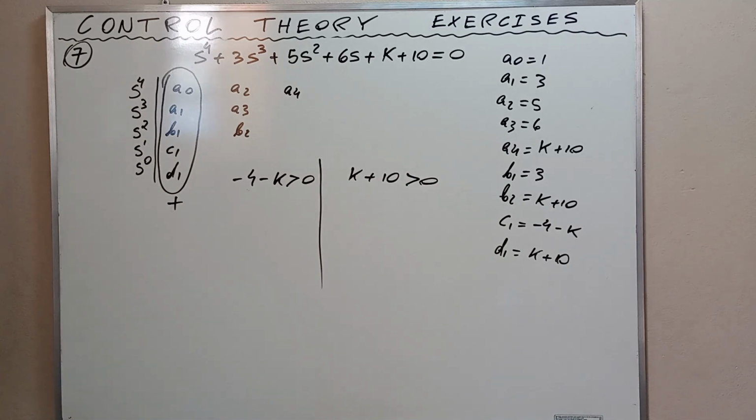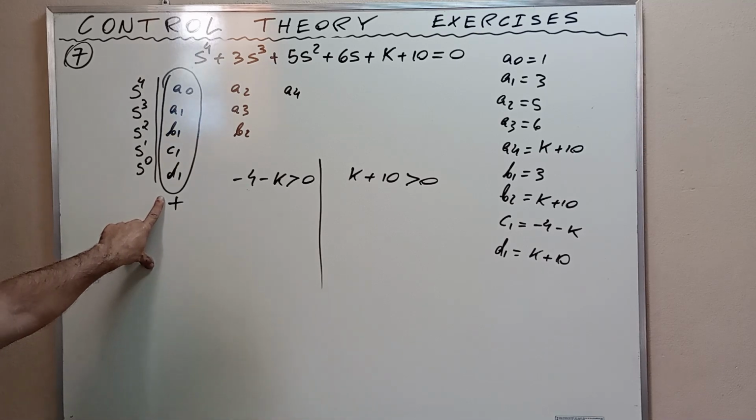The system is going to be stable if all the closed loop poles lie at the left side of the complex plane. And Routh's stability criterion says that all the entries of the first column have to be positive.